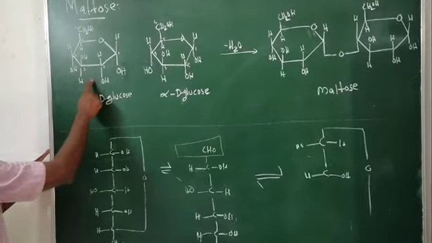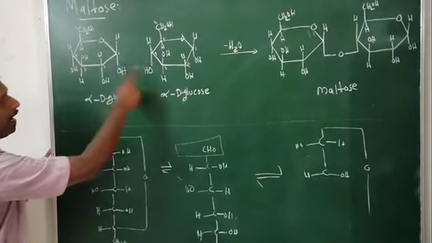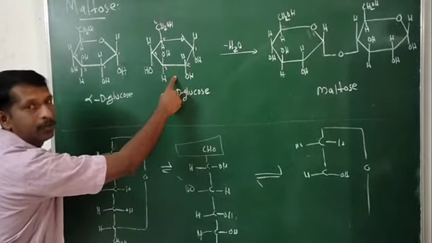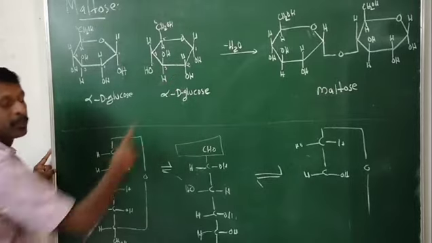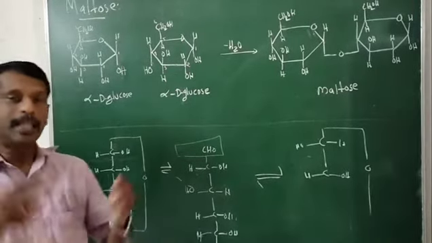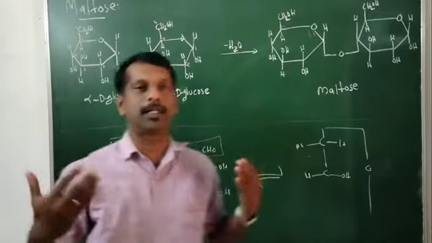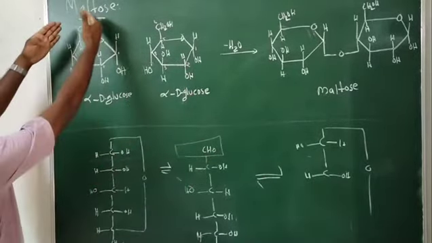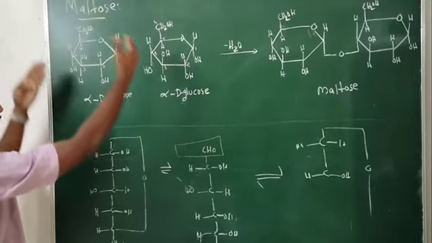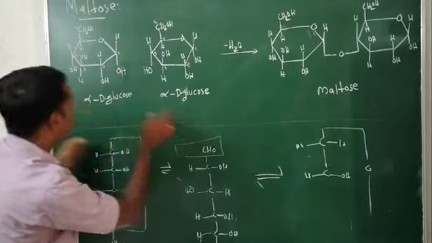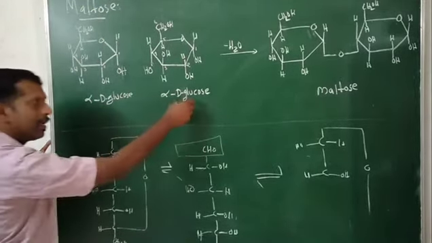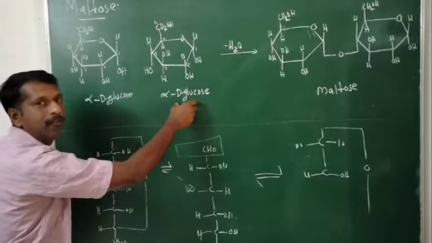This is the first alpha D glucose and this is the second unit. So here the disaccharide is maltose and our two monosaccharide units are both alpha D glucose.